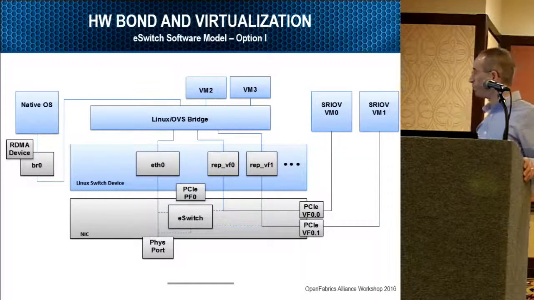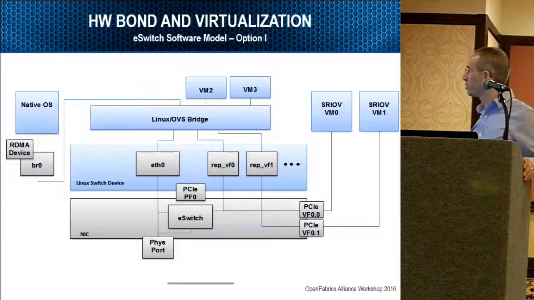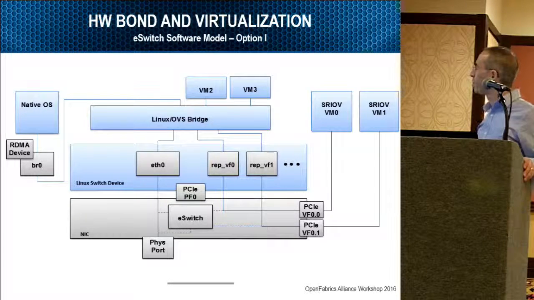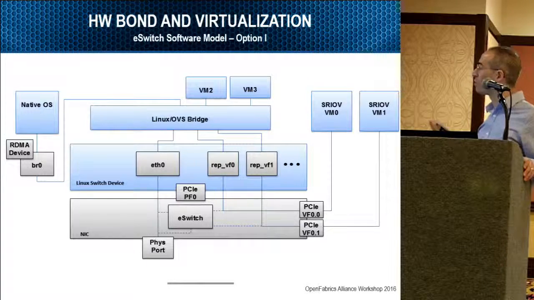We can see in the slide here the embedded switch. Those are SRIOV VMs, and those are para-virt VMs, VMs that run on a virtual software switch. There can be a mix of them, and this is what I show in the slide. The architecture that's supported is that for those SRIOV VMs, we expose representer network devices in the hypervisor.